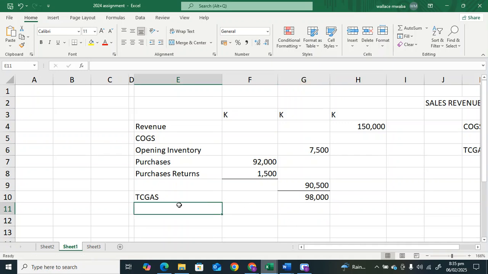What is the next item that comes after you've got your total cost of goods available for sale?